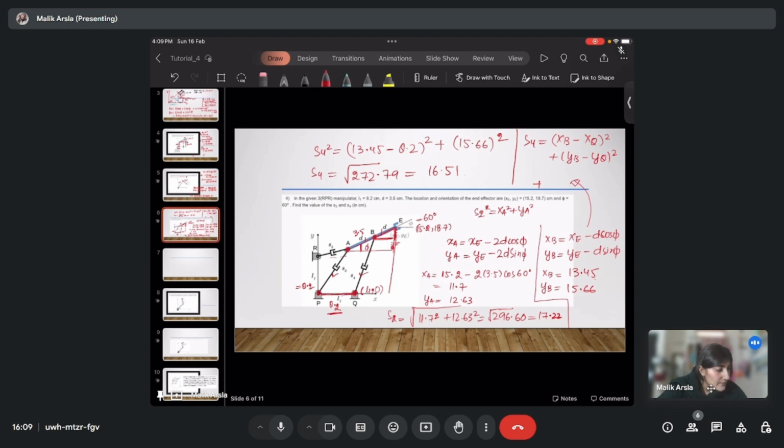Now YB we calculated from here. YB is equal to 15.66, and YQ is 0, because this is on the x-axis itself, right? So the coordinates of this point are L1 and 0. That is what we have done. Understood? Yes, ma'am. Okay.